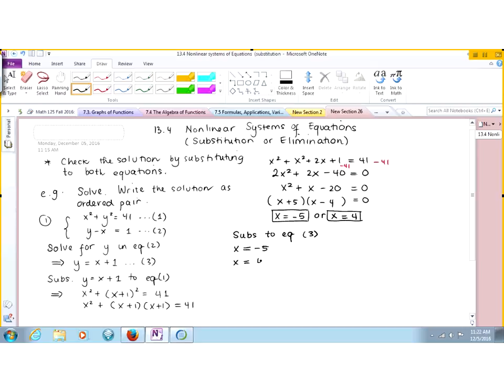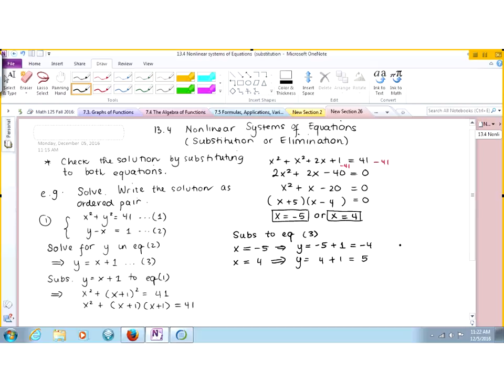So when x is negative 5, y is equal to negative 5 plus 1, which is negative 4. When x is 4, y is 4 plus 1, which is 5.